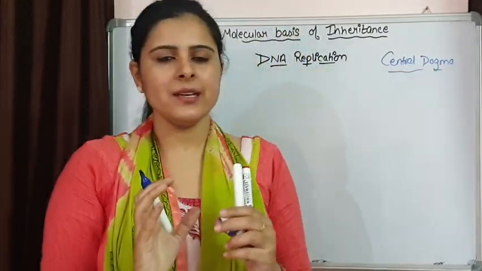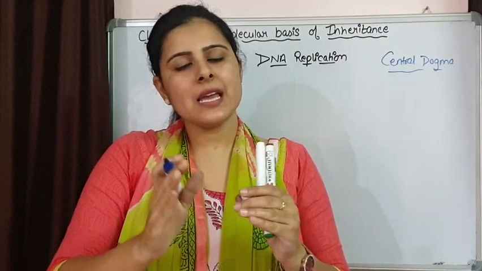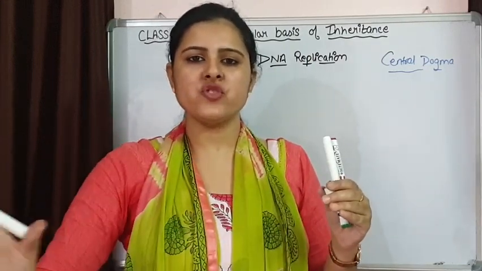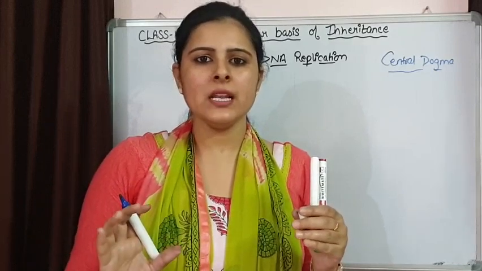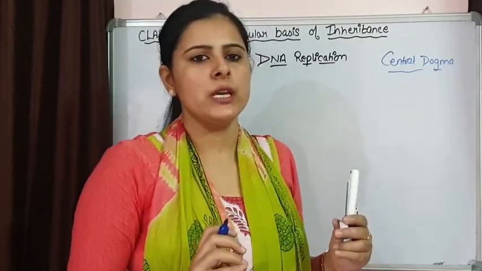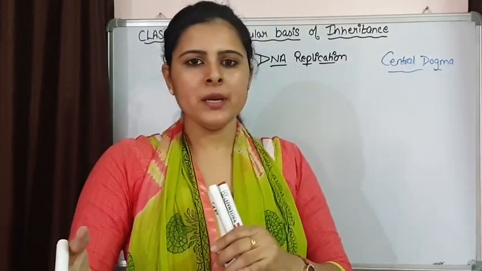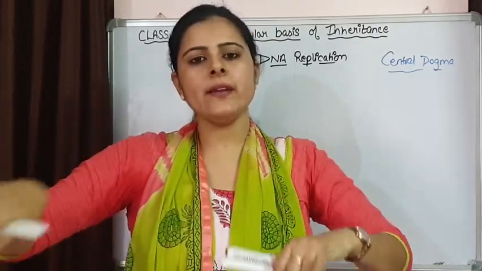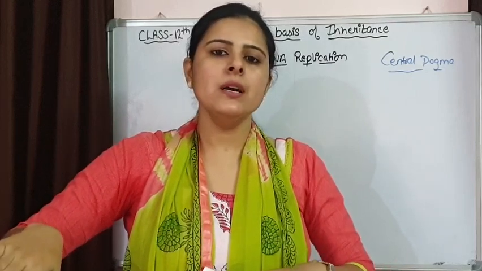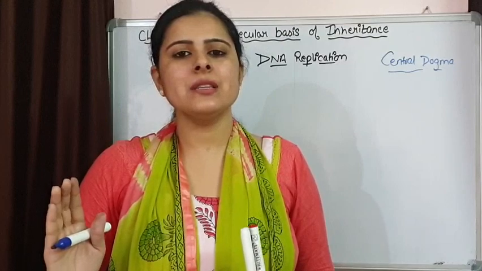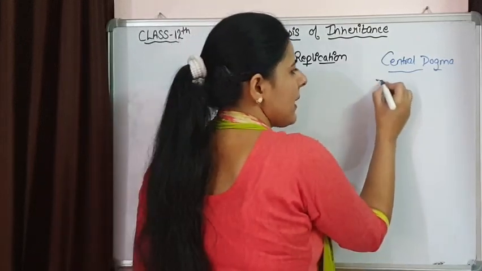Initially, DNA is there inside the cell, and when the cell is going to divide, this DNA has to be equally distributed in each and every daughter cell. So, before distribution, it should copy itself, means double the number, so that it can inherit an equal amount of DNA to the next cells. So, the first process during cell division that takes place is DNA replication.